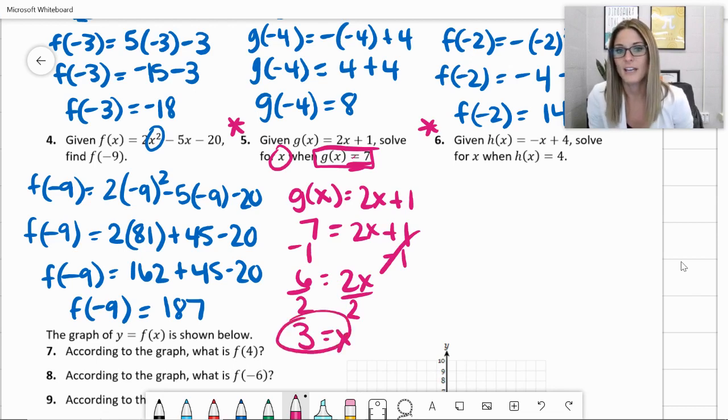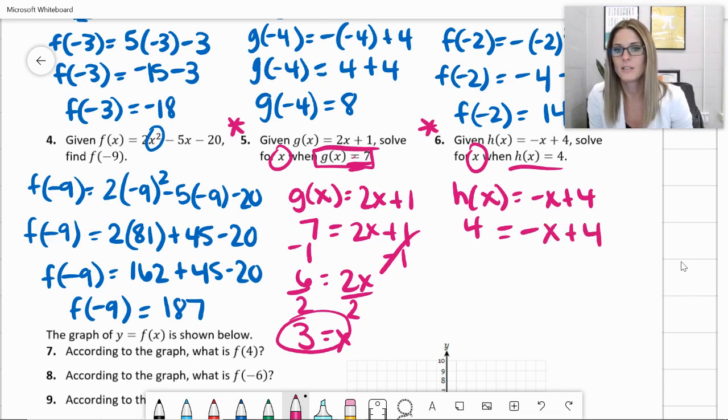Number 6, given h of x equals negative x plus 4, solve for x when h of x equaled 4. Writing our problem, writing the function there, I'm going to replace h of x with 4. That's my output, and I'm going to look for the input. So I'm solving for x. Subtract 4 from both sides. Yes, it gives me 0.